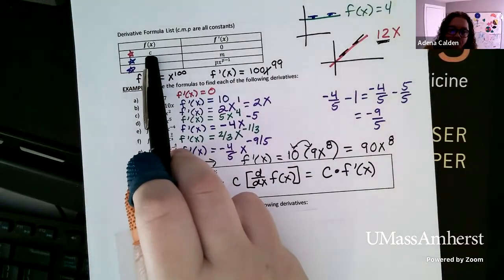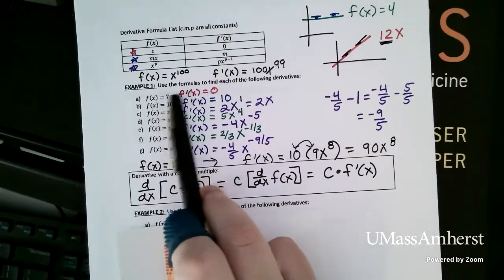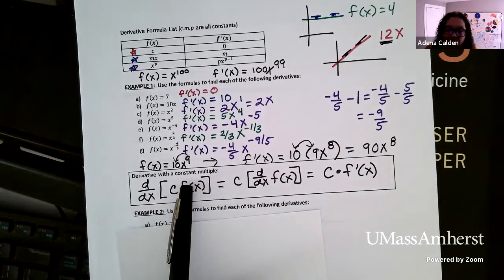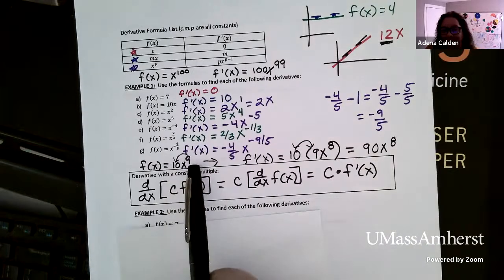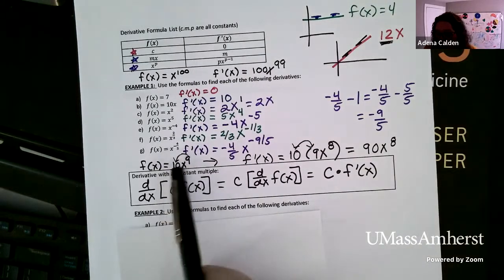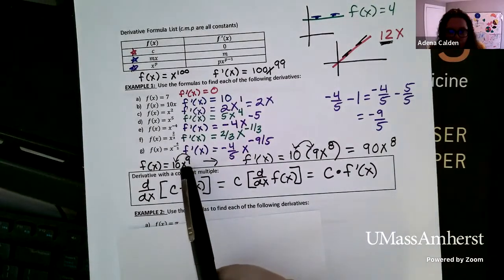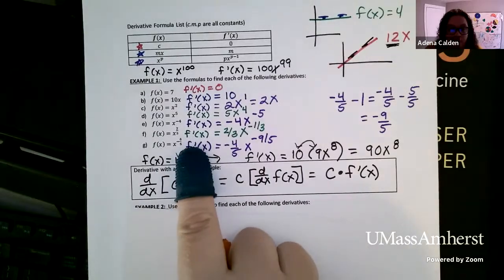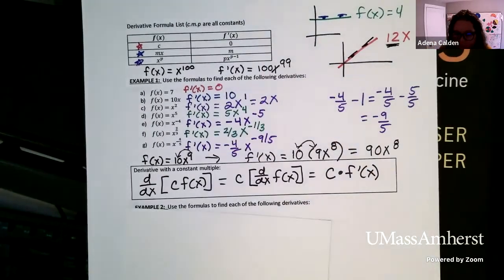The constant derivative rule says that if your function is just a constant, the derivative is 0. The constant multiple rule considers what happens when your constant multiplies a function. So we have a constant attached to a function. It's not by itself, because if it was just f of x equals 10, we would just be using the constant rule.